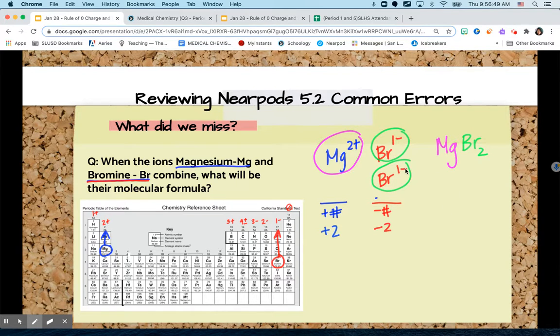Just a point of clarification: we're not writing the charges on the bottom, not the plus minus stuff. We're writing how many Mgs we used, 1 Mg, and how many Brs we used. I used 2 Brs because I did this twice in order to get the charges to match up to each other. So my answer is going to be MgBr2.